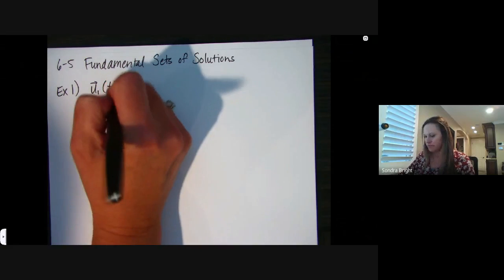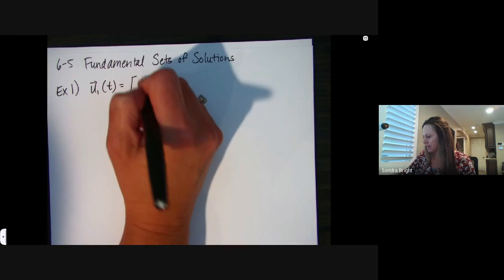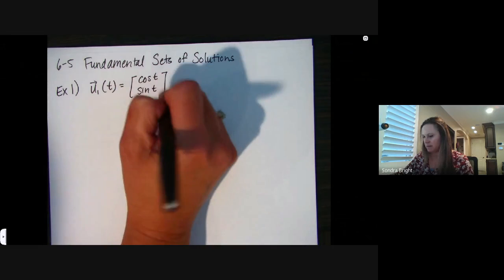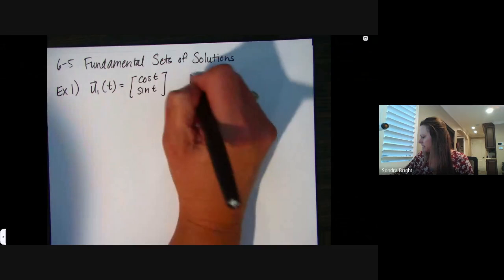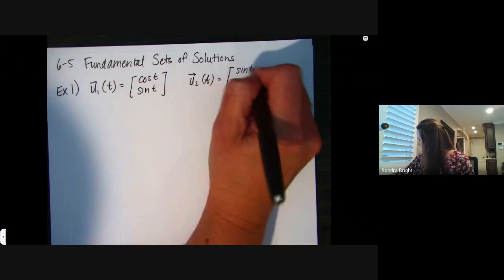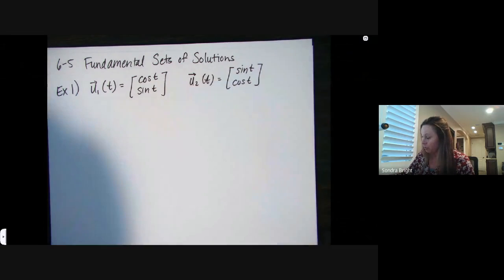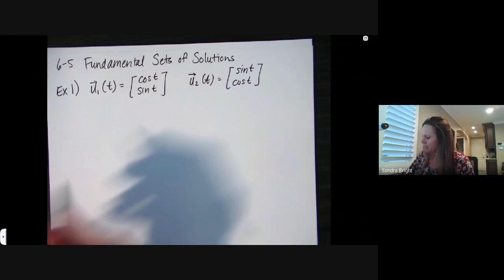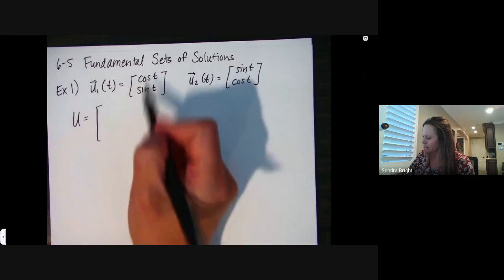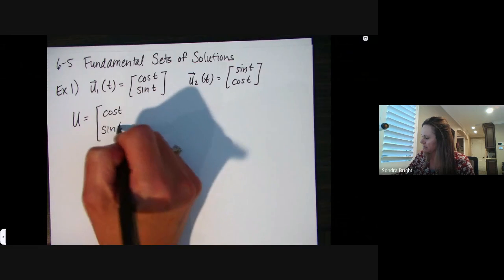The first one is cosine of t and sine of t, and the second one is sine of t and then cosine of t. My capital U will be the matrix consisting of these two, where u1 is my first column and u2 is the second column.